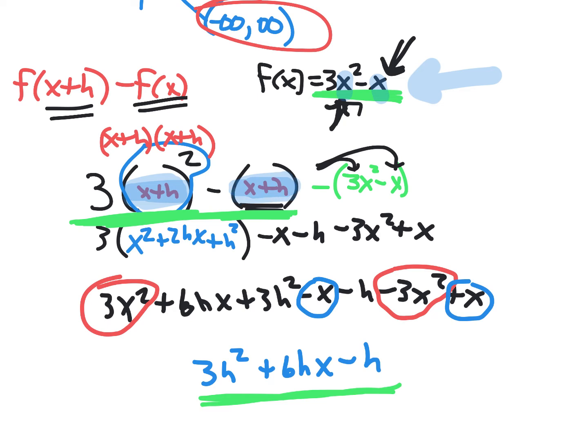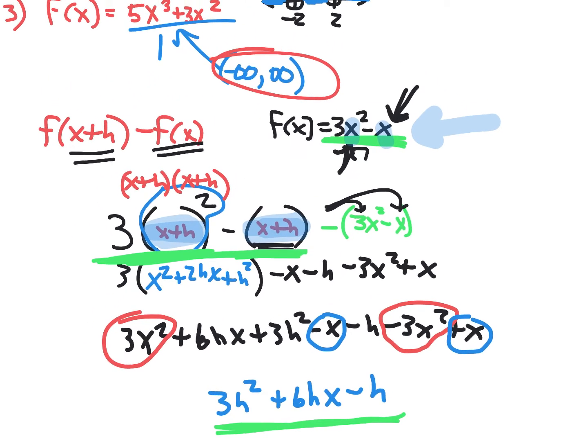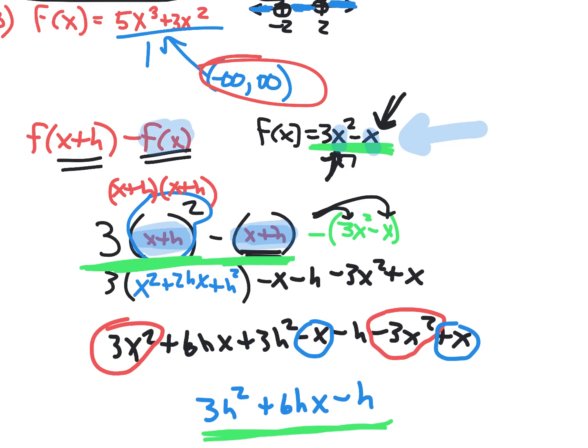But then what happened to the first minus f of x? Okay, the first f of x. Do you mean this f of x here? Yeah. That's this. I'll highlight them in red. This f of x, that's this.